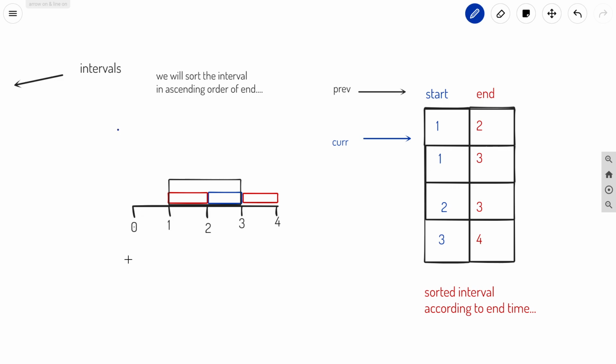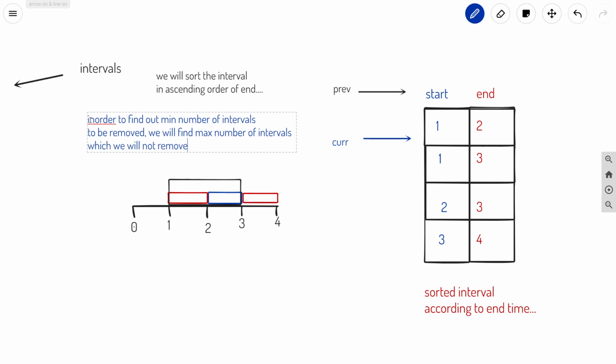So I will write here: in order to find the minimum number of intervals to be removed, we will find the maximum number of intervals which we will not remove and subtract them from the total number of intervals.